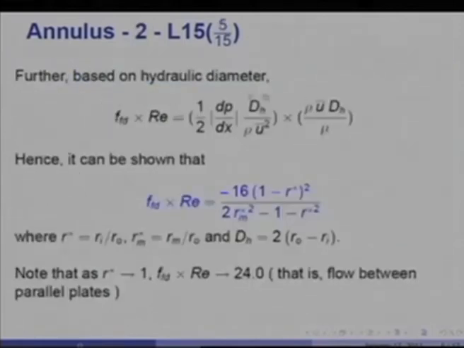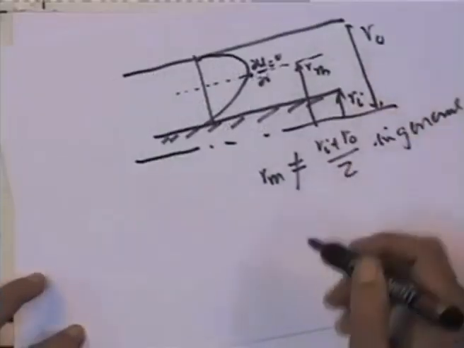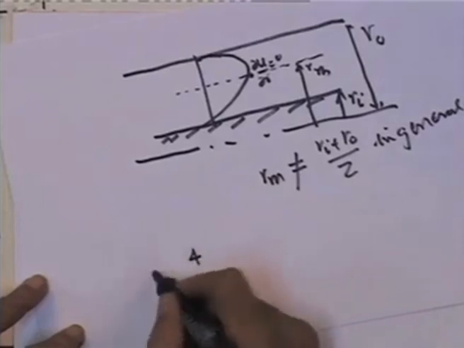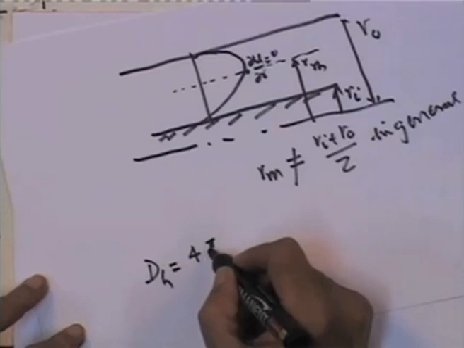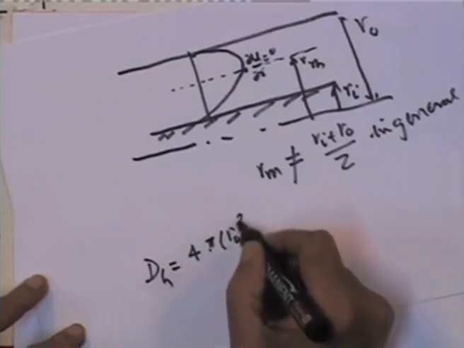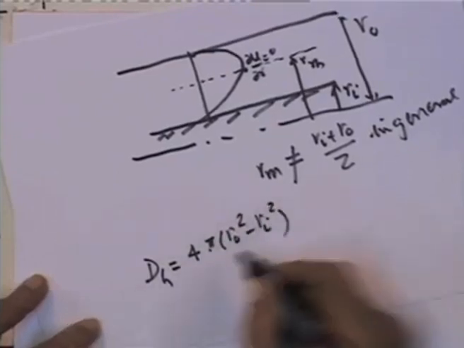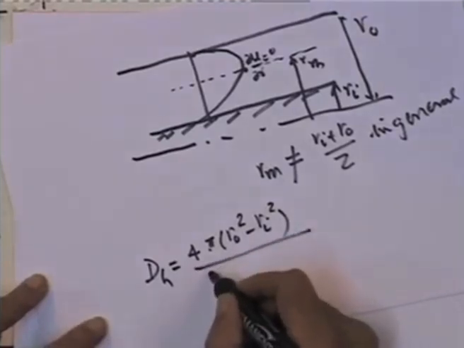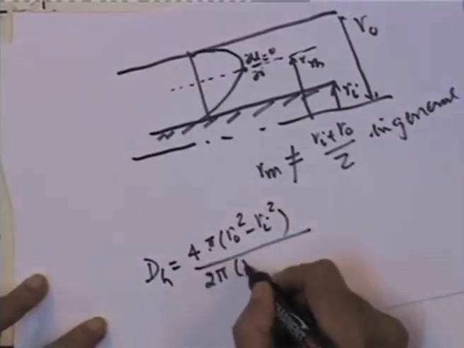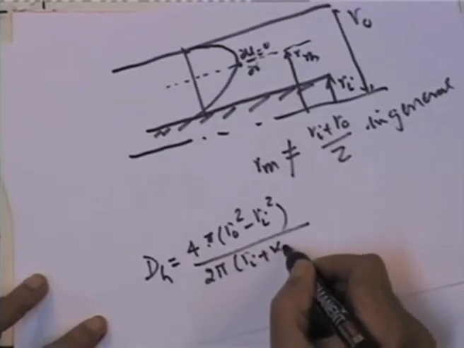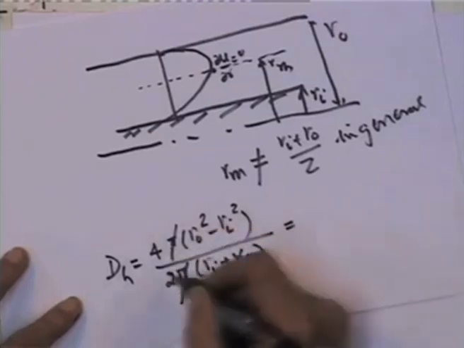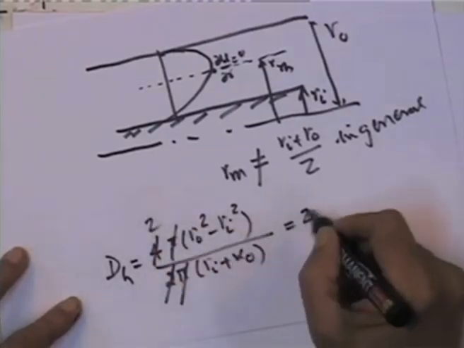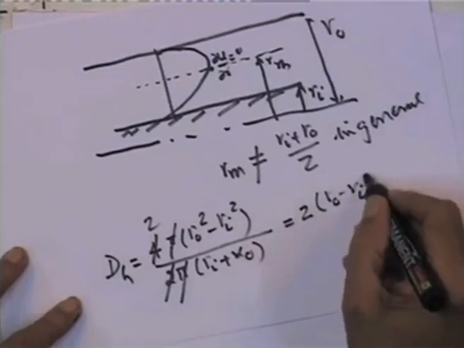Further, based on hydraulic diameter: the hydraulic diameter for an annulus section will be 4 times the cross-sectional area, which is pi into (r_O squared minus r_I squared), divided by the perimeter, which is 2 pi (r_I plus r_O). The pi gets cancelled, and that gives me 2 times (r_O minus r_I).